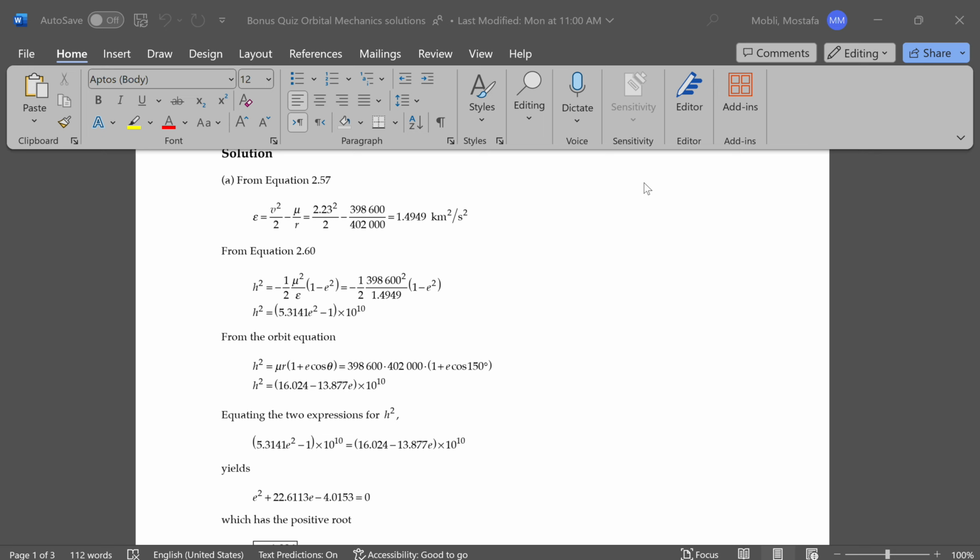If you do the calculations here, the energy of the orbit is going to come out to be 1.4949 kilometers squared per second squared.